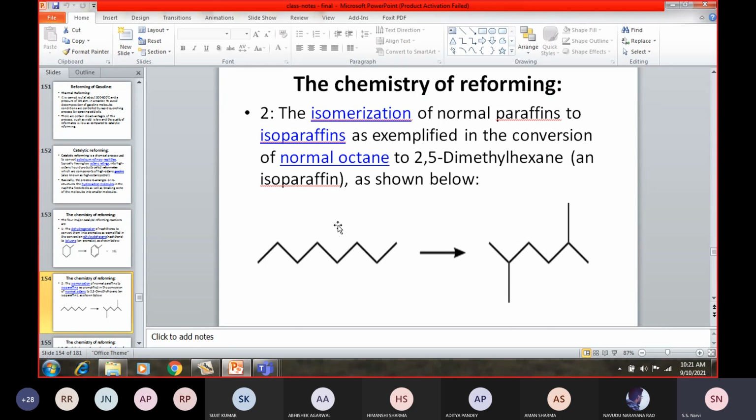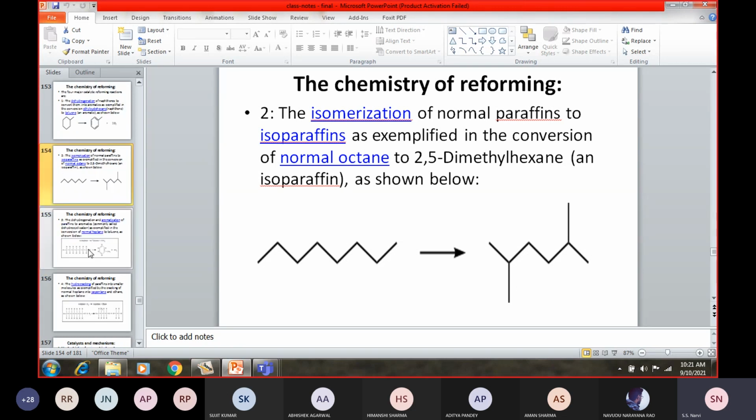Here the octane rating is 0, and here it is much higher, around 80, 90 or something. So isomerization is the second type of reaction that takes place in the reforming process.